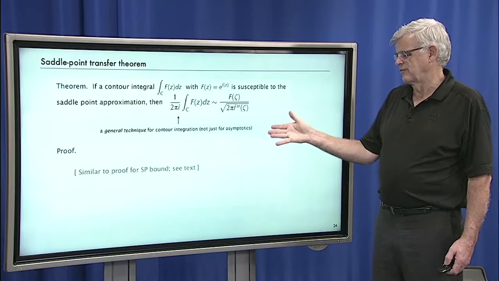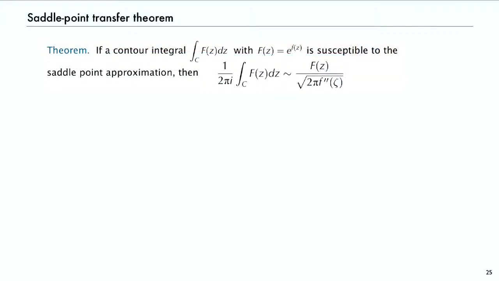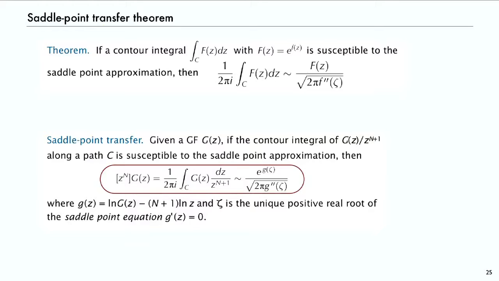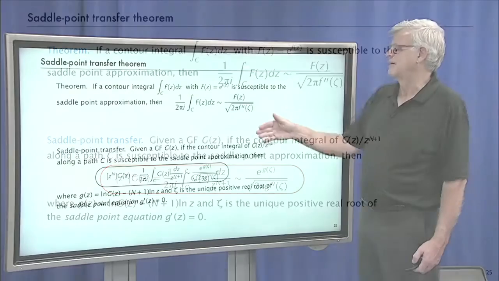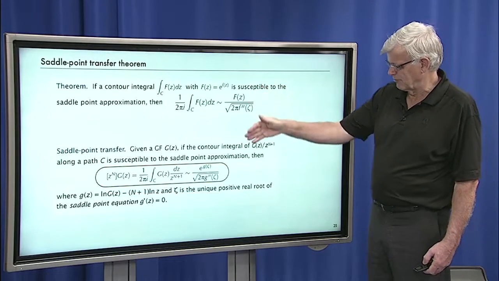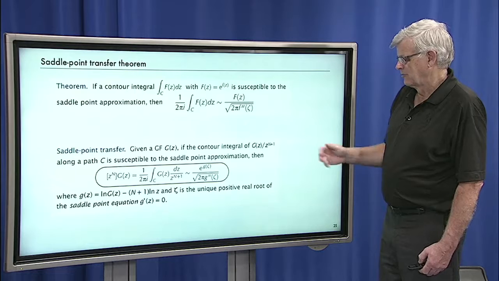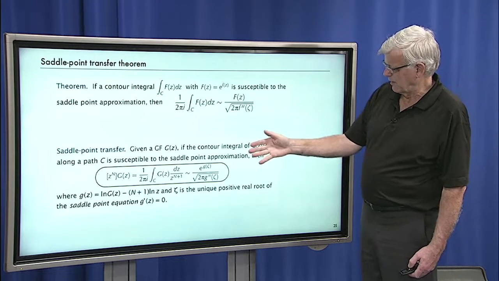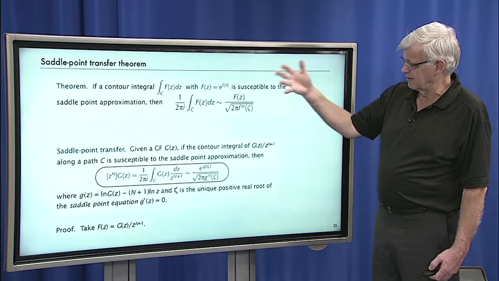And the proof is very similar to the proof that we did for the saddle point bound. So that's the theorem, but what we want to use it for is a transfer method for a generating function. So just translating that over to our use of Cauchy's theorem, where we're looking for the coefficient of z to the n in a generating function, then what we want to do is just apply this theorem with f of z equals g of z over z to the n plus 1. So that's all that is, plugging into the general theorem.